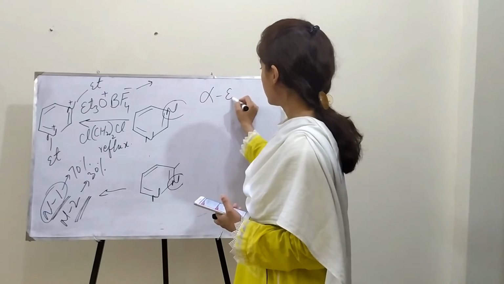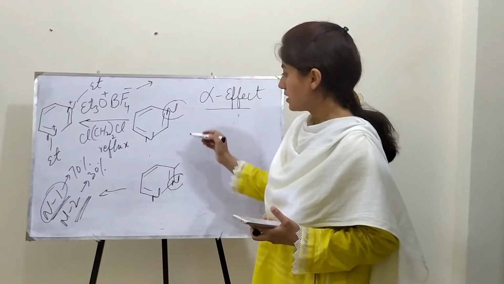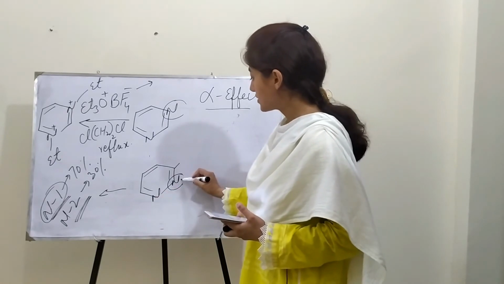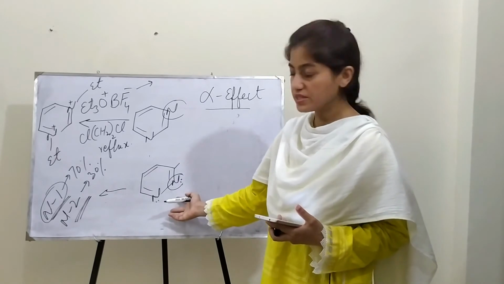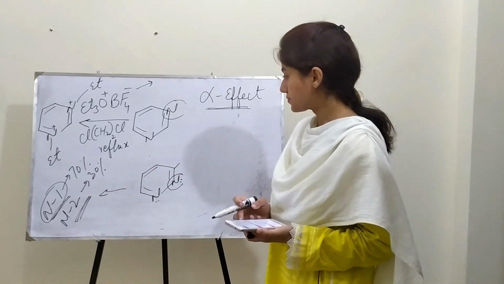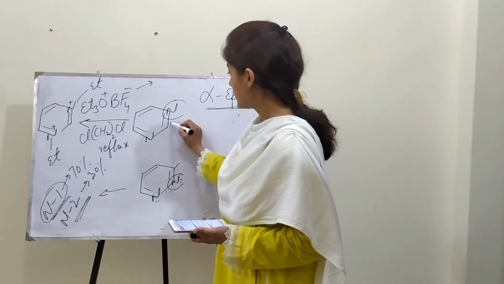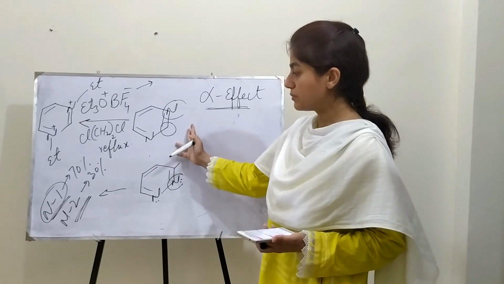The one is alpha effect. What is alpha effect? The lone pair interaction between these two nitrogens is called as alpha effect. Because here there is a carbon in between two nitrogens in the case of pyrimidine.